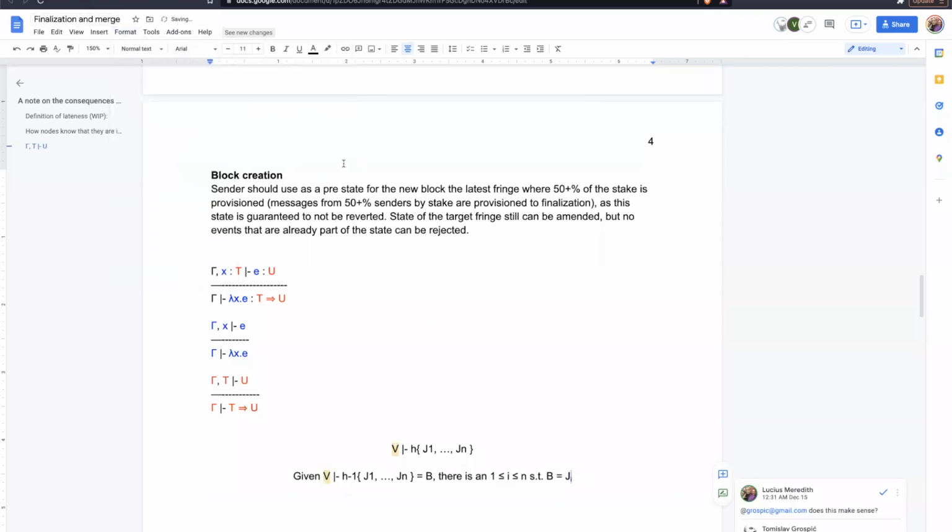V here doesn't refer to some particular sender. It's just some sender. No, we've been very careful to indicate that this V is producing this block. Okay. And so in this case, this V is producing this block.